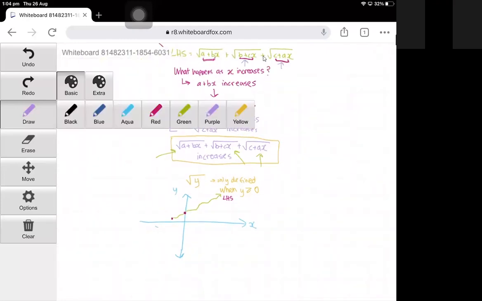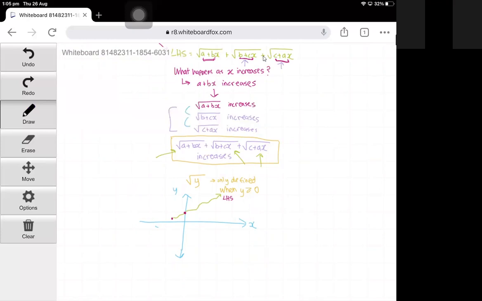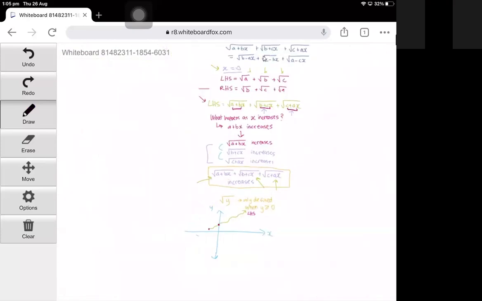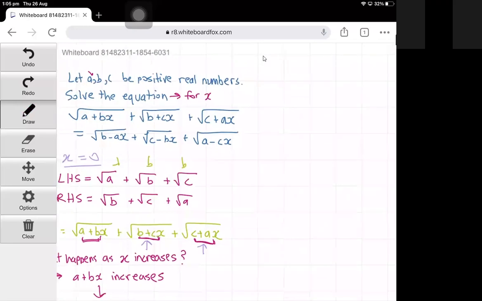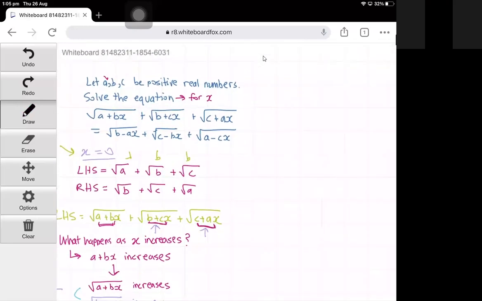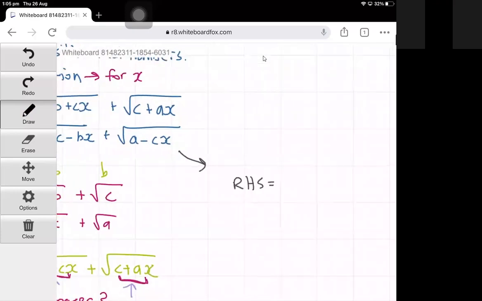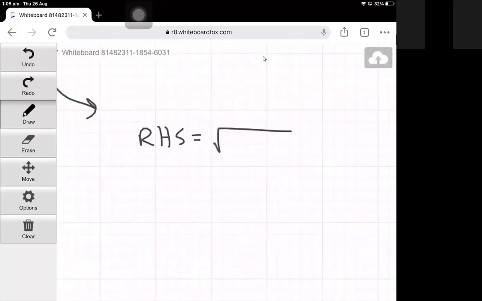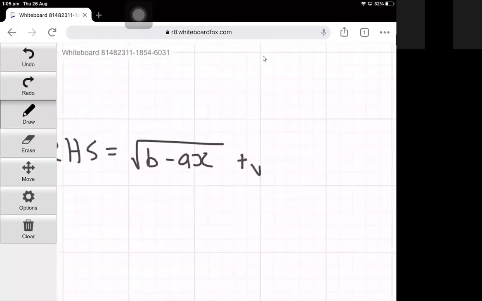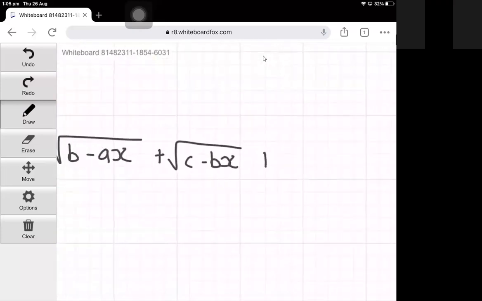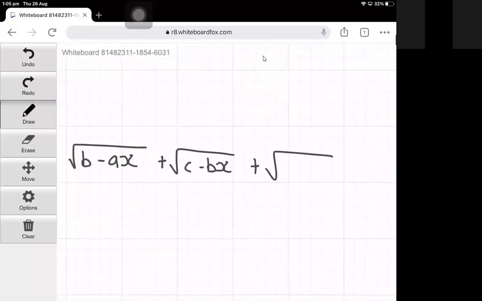So now we'll have a look at the graph of the right-hand side. The right-hand side is equal to b square root of b minus ax plus the square root of c minus bx plus the square root of a minus cx.